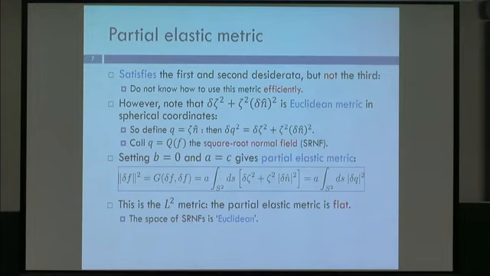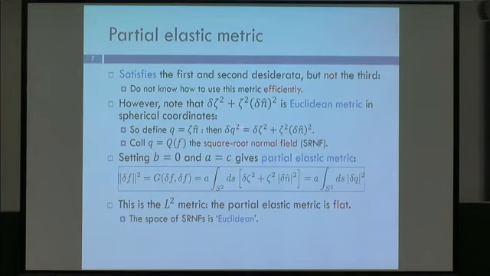And so I'm going to define this quantity q by this map here and call it the square root normal field. And this is exactly the analog, for those who know about it, of the square root velocity field in the case of curves. So if we set b equal to 0 and put a equal to c, we end up with exactly this metric here, which can now be rewritten in terms of q in this form here.